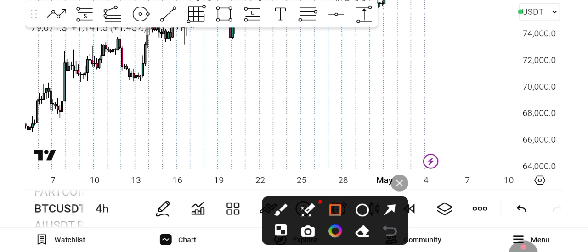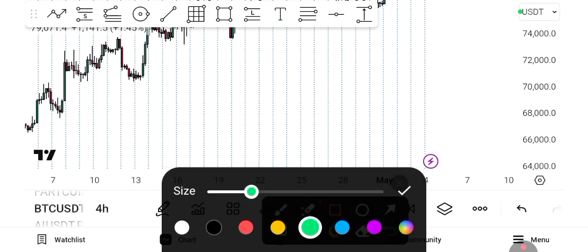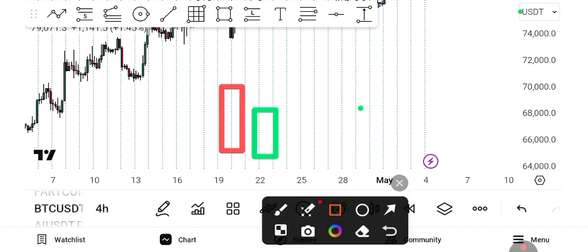Let me draw that again. Make it longer. It should be more than half. Yep, it should be more than half of the first candle.